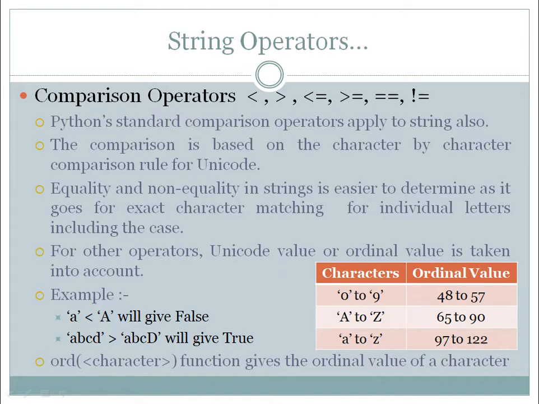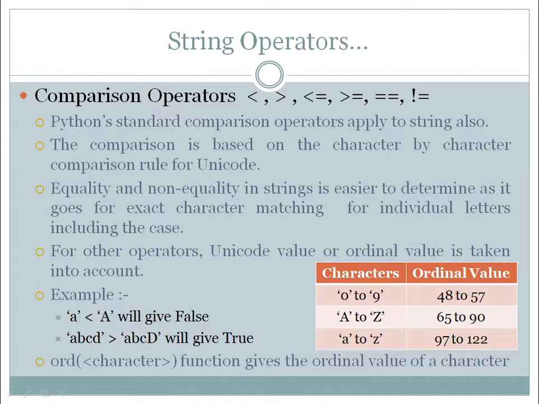For other operators, Unicode value or ordinal value is taken into account. You must have heard this Unicode value, and we call it an ordinal value in Python. So you can get the ordinal value of any character present on your keyboard. Let us see this chart. The characters 0 to 9 have ordinal values 48 to 57.